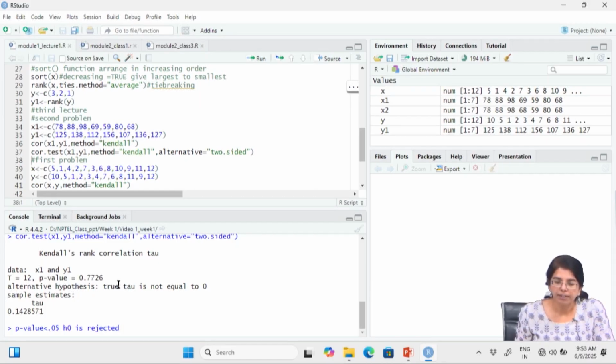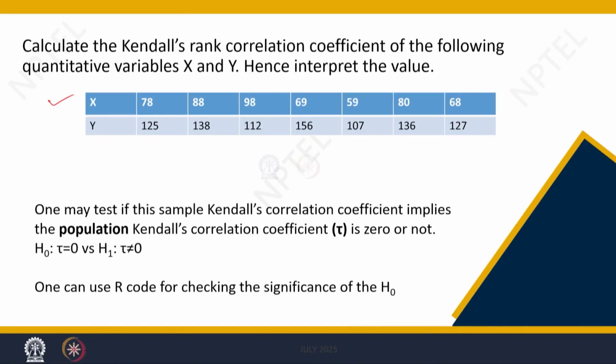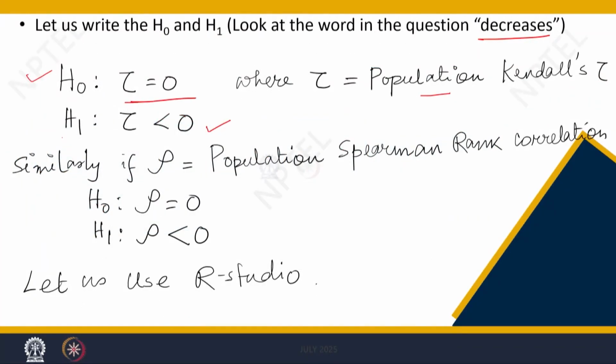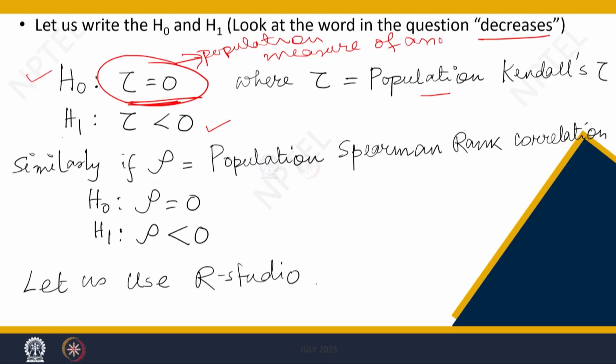So, what is H naught? That true tau is equal to 0. So, H naught generally we write like that. Tau is equal to 0. What does it mean? It means the population measure of association is 0.